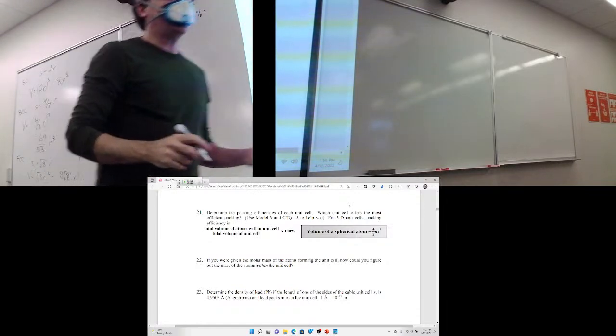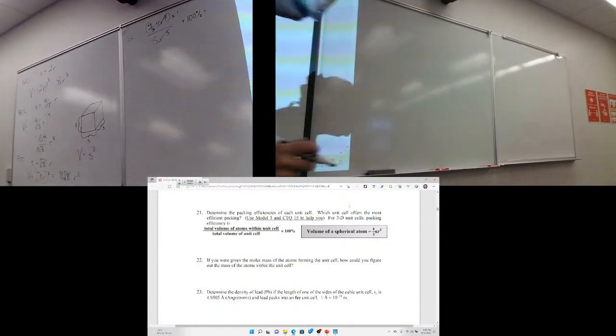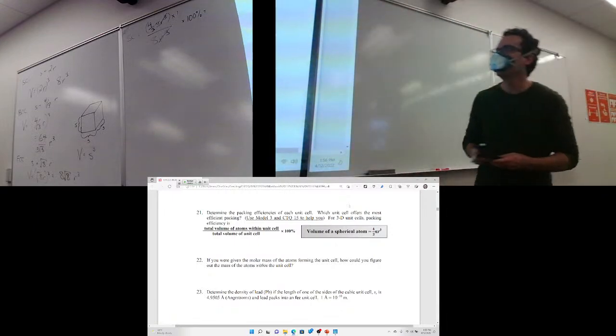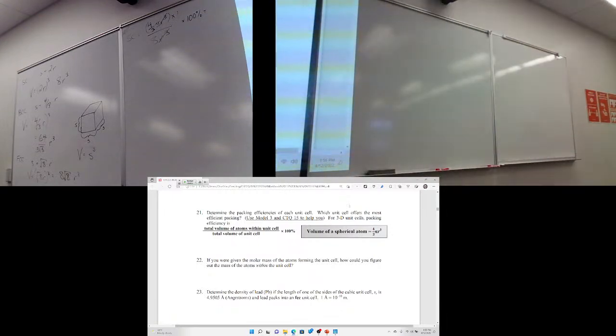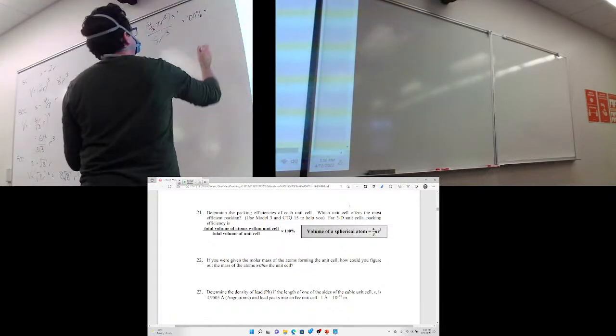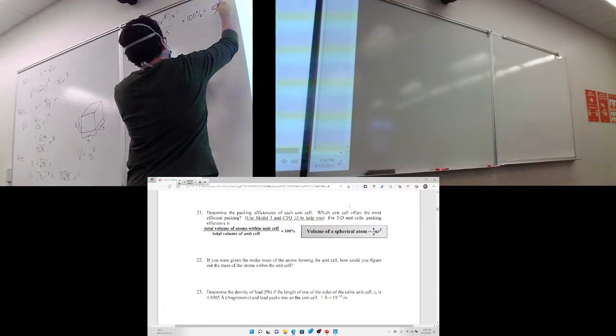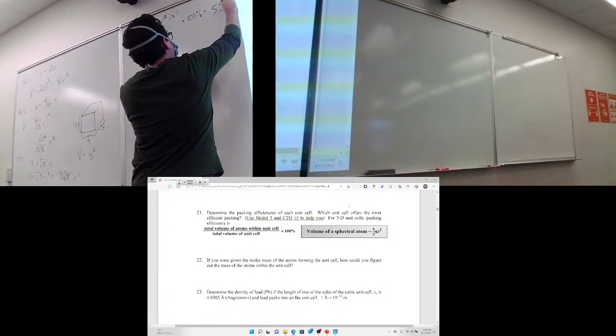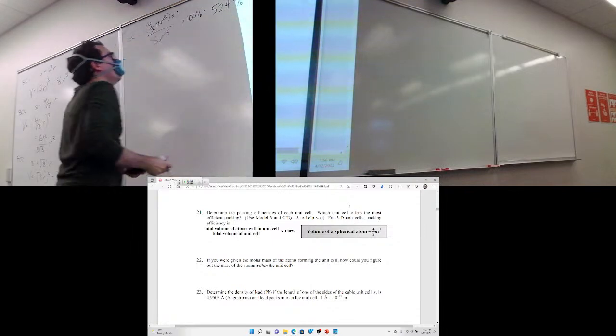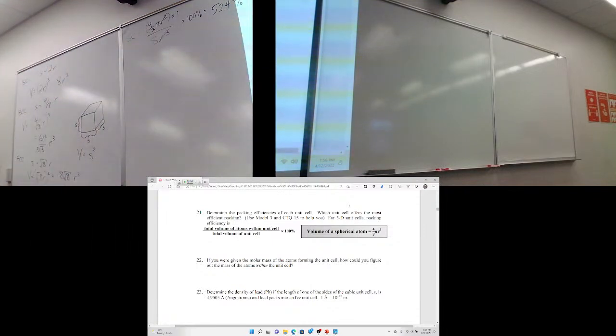And when you do the math here, I think it comes up to 51% or 52. What is it? 4 divided by 3 times pi divided by 8, 52%. I'll be more specific, 52.4%. That's the packing efficiency of simple cubic.